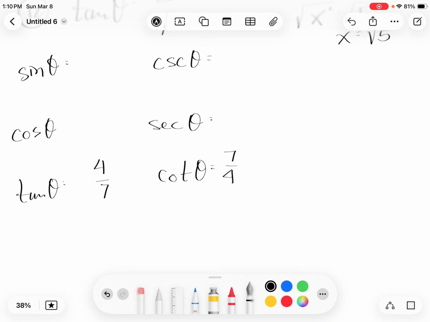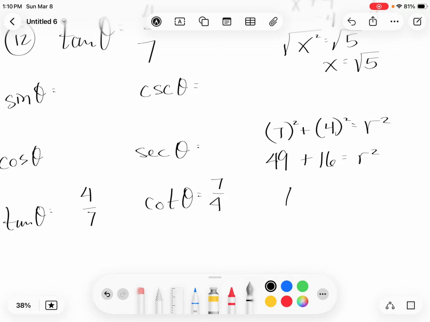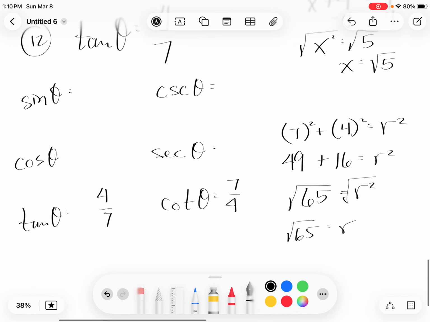To find the r, 7 squared plus 4 squared equals r squared, or 49 plus 16, 65. And the square root of that is square root of 65. Square root of 65 does not reduce. It's 5 times 13, and those are both prime numbers, so they do not reduce. So that is my radius.